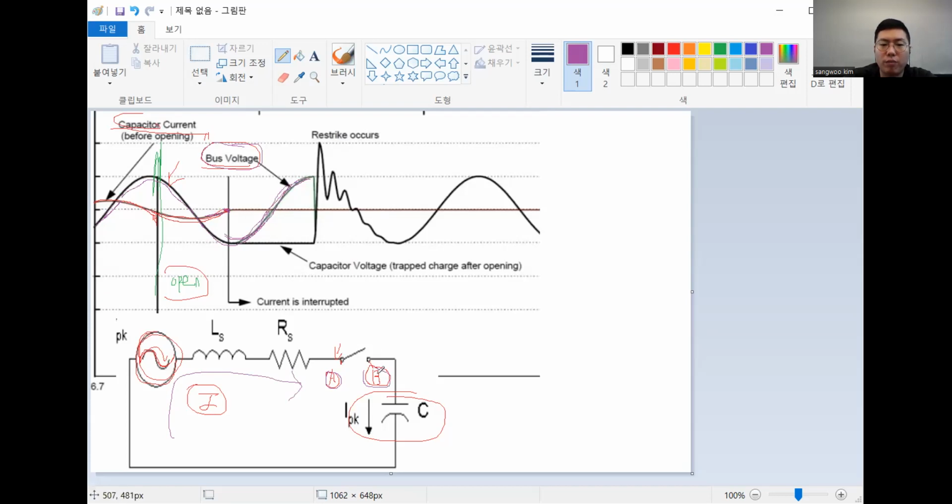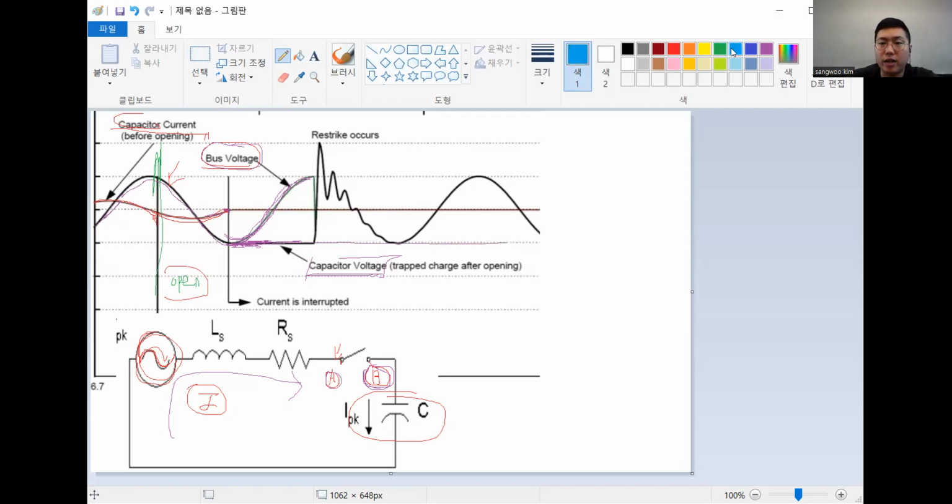But the matter is that B point has already charged to the capacitor voltage, in this part. So there's a voltage difference between them. The capacitor has stored energy here, right? It continues like this.